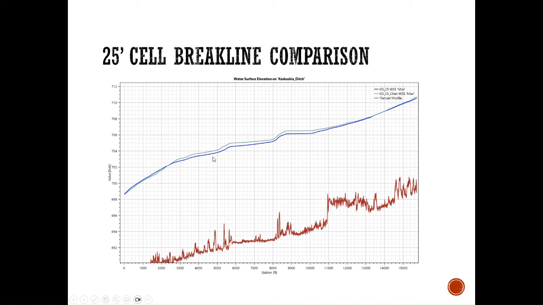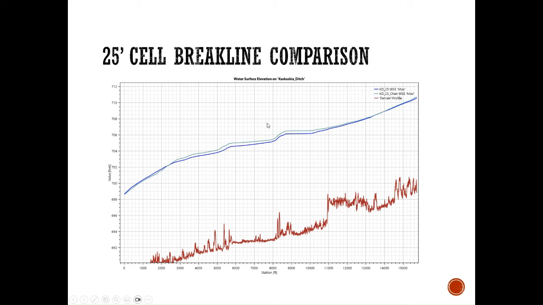When we try the break line comparison on our 25-foot cell mesh, you can see that we're still getting a little bit of a higher profile when we have those break lines enforced in our channel and our banks. But the difference isn't as drastic with the 25-foot mesh.